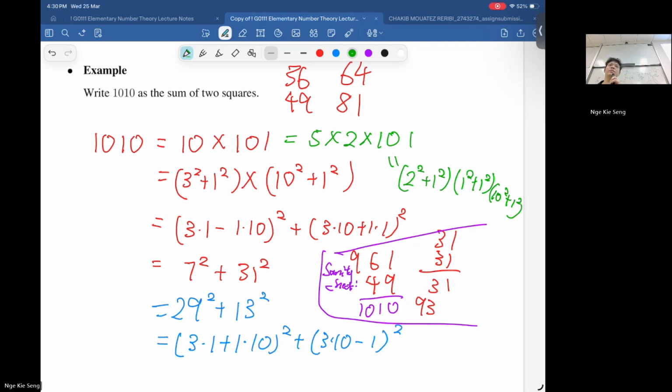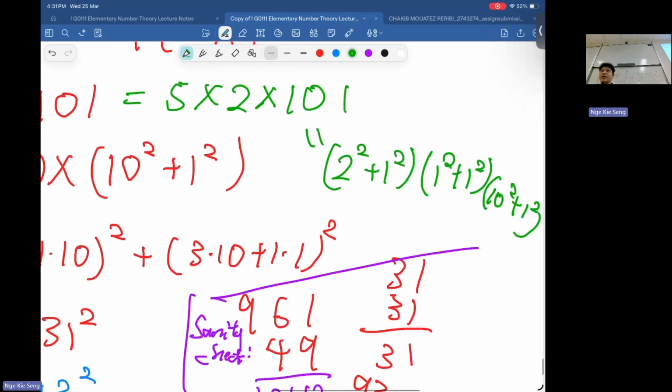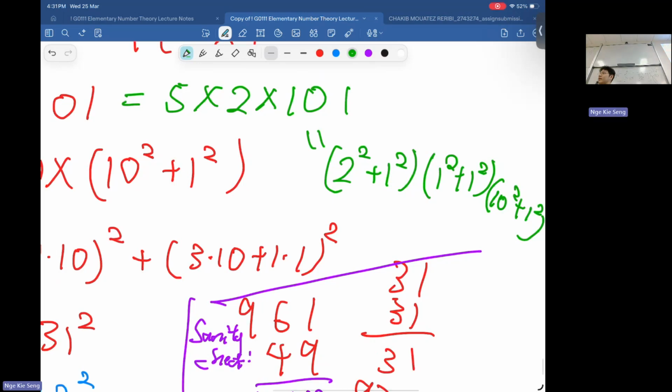Maybe you can try this. See, do you get the same sum of squares, or do you get a different one from that one? Okay, you could try. Yeah.